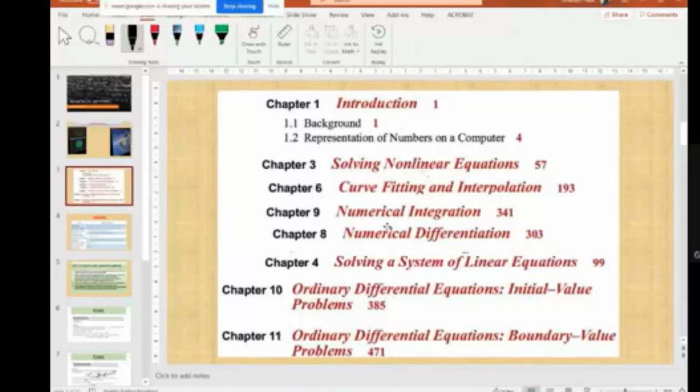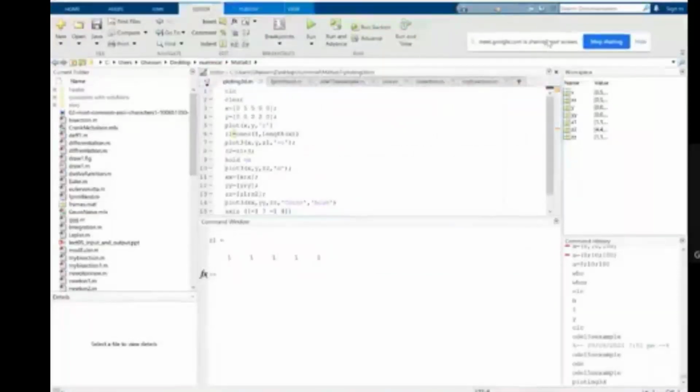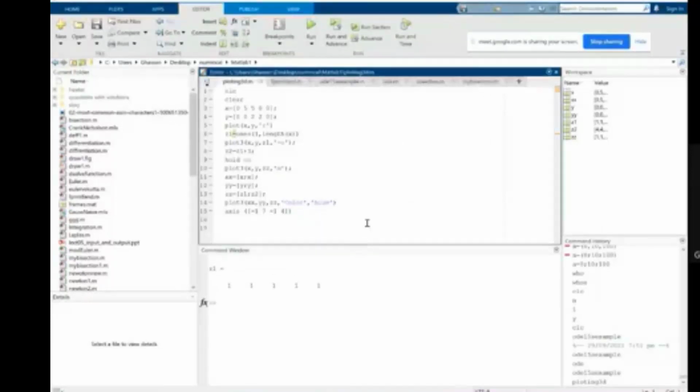Okay, I will start with you step by step, inshallah. And this is MATLAB, it's very important for every engineer, very important, and it is very exciting.